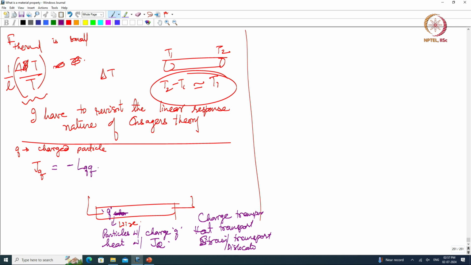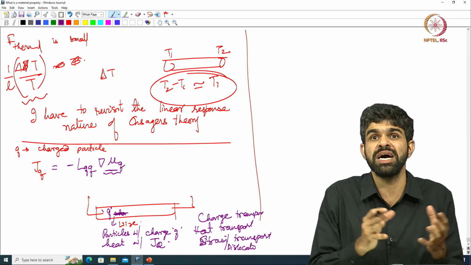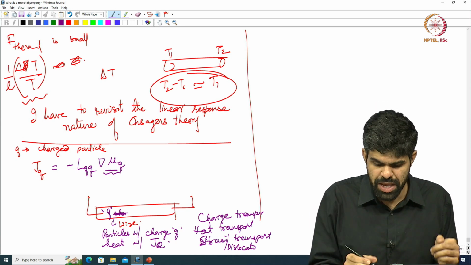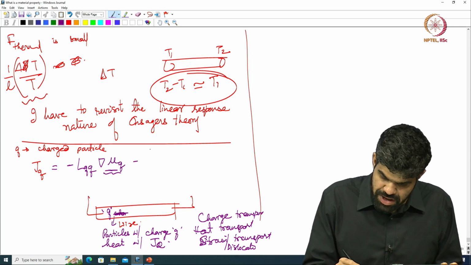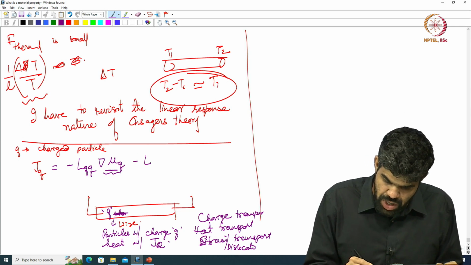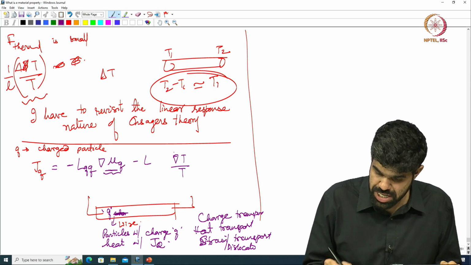So, Q is some sort of a particle, it is a charged particle, and this charged particle has a chemical potential, right. So, minus del mu Q, which is the chemical potential of this charged particle, is the chemical force, right. So, I am looking at JQ as just a particle, it is a species, it is a mass transport, that is how I am looking at it. Okay. Minus L, I also have a thermal gradient because I have a thermal force being applied.